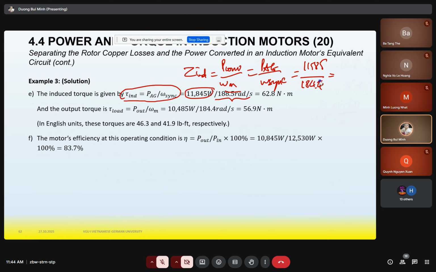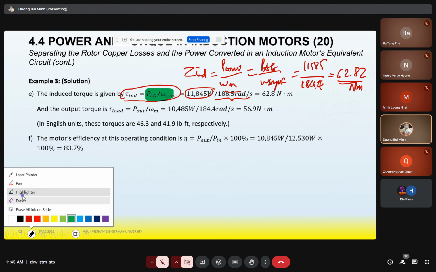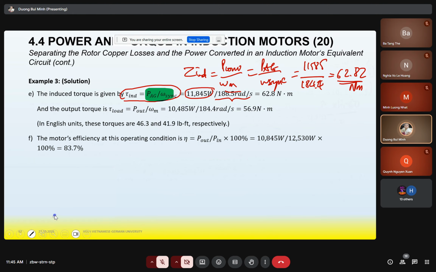So 11,585 divided by 184.4, and you get 62.82 Newton meter. So you can calculate induced torque based on this formula, or based on this one. Okay, the same.